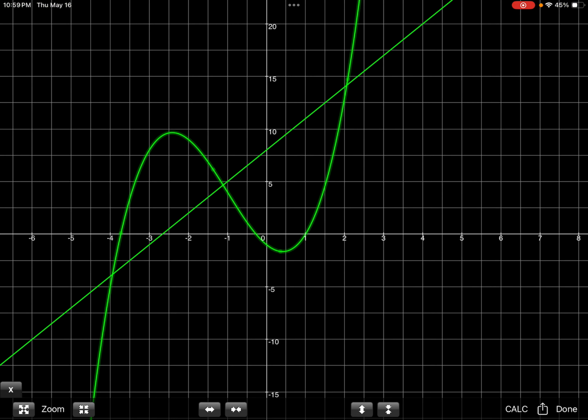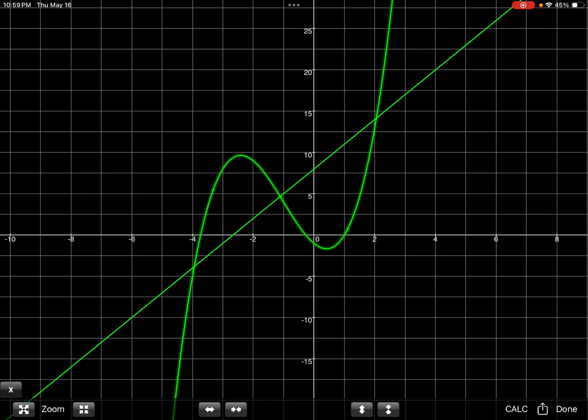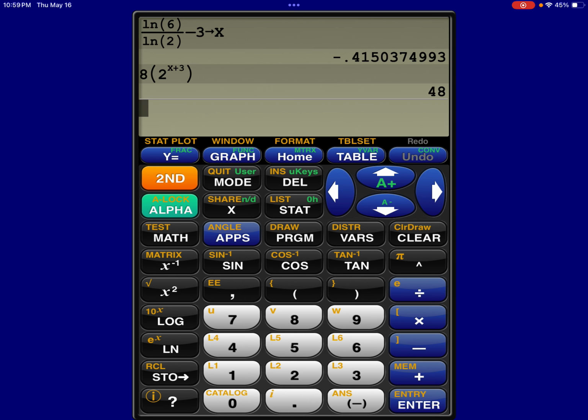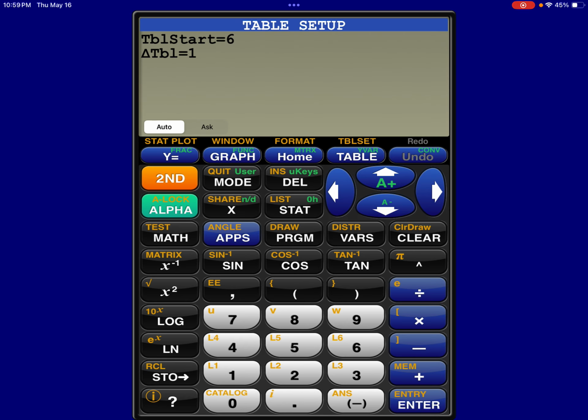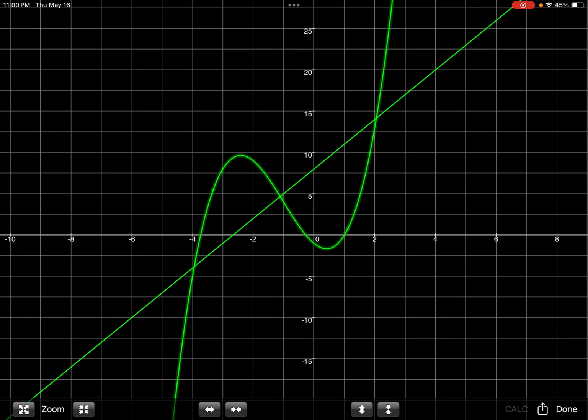Now, it might be a little bit hard to see on a regular calculator because you can't do your window like I can. But if you do go to second trace, sorry, I'm trying to look to see.